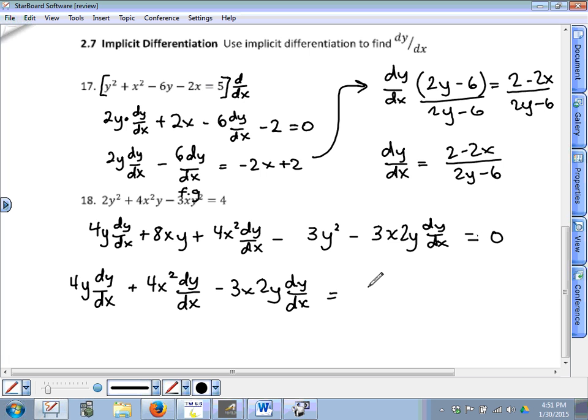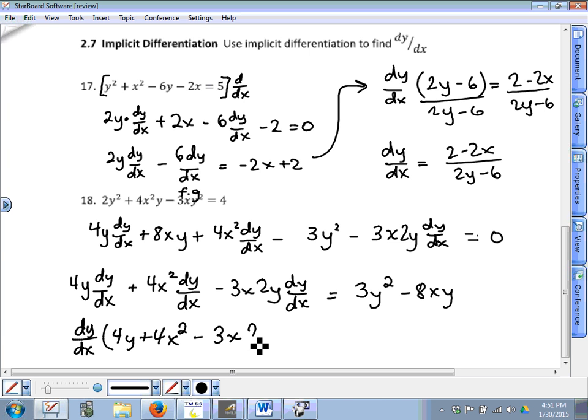On the right side, we're going to have a positive 3y squared minus 8xy. And then we factor out a dy dx. We're going to have 4y plus 4x squared minus 3x2y equals 3y squared minus 8xy.